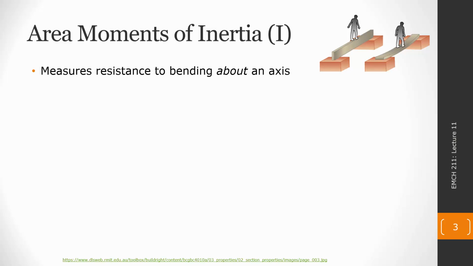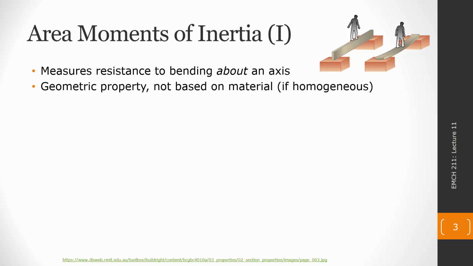One direction might be harder to bend than the other. So the larger the area moment of inertia, we can think of that as a higher resistance to bending around a particular axis. And we can see, as illustrated here, the area moment of inertia calculation is going to be dependent on the orientation of the cross-section, and we'll get to that in a bit.